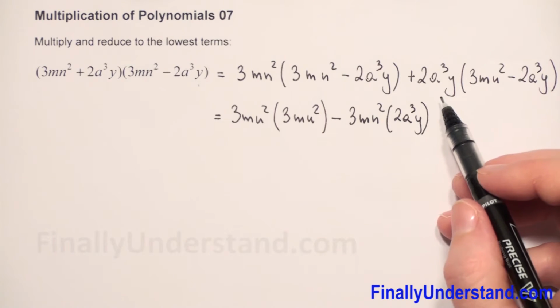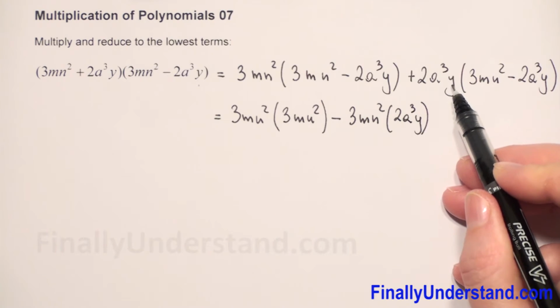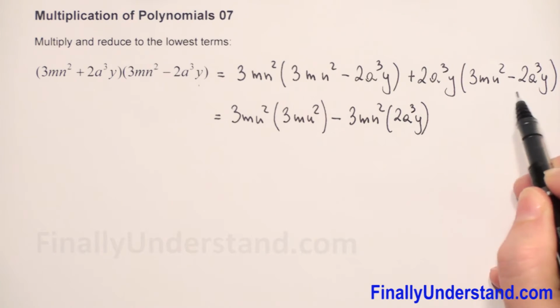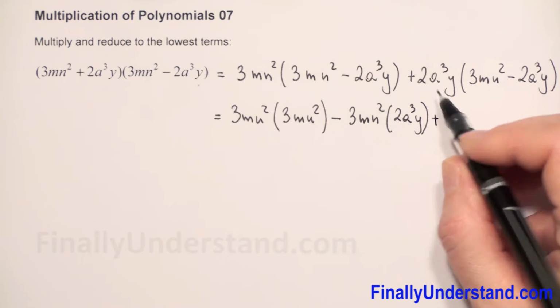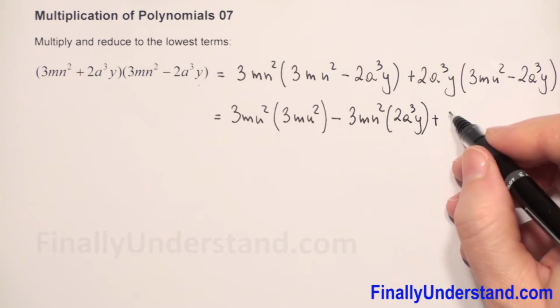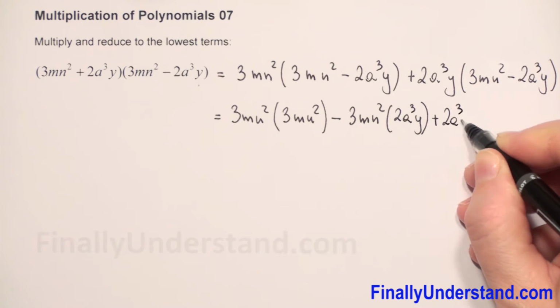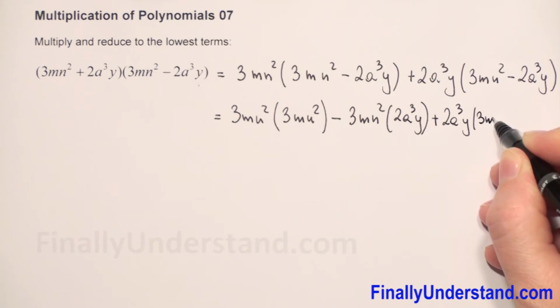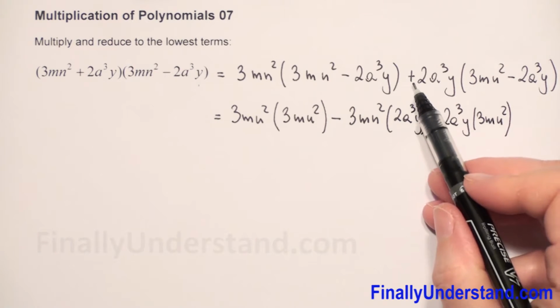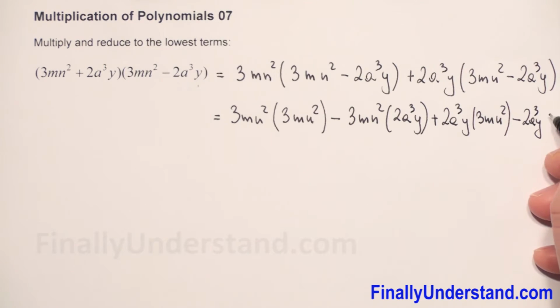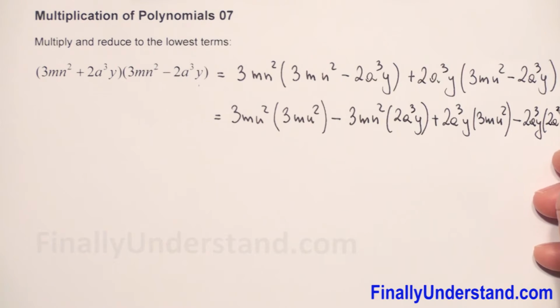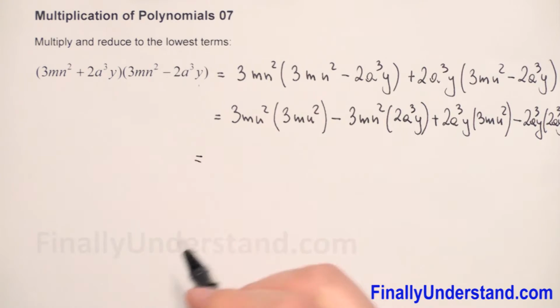We have to distribute 2a cubed y over each term in the binomial. So we will have plus, because positive and positive will be positive, 2a cubed y times 3mn squared. And now positive times negative will be negative, and we have 2a cubed y times 2a cubed y.